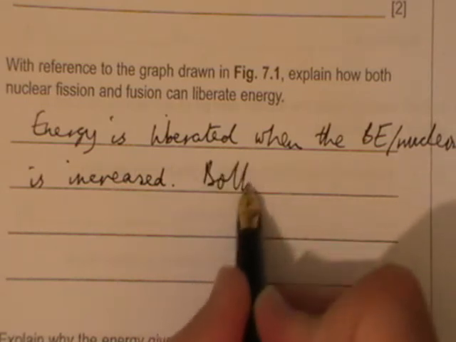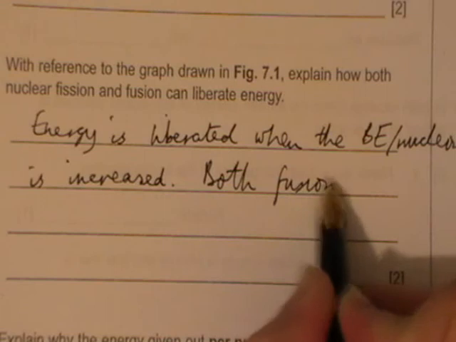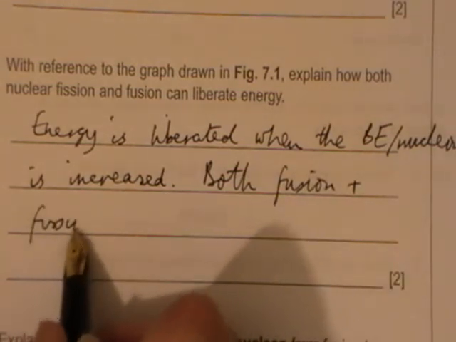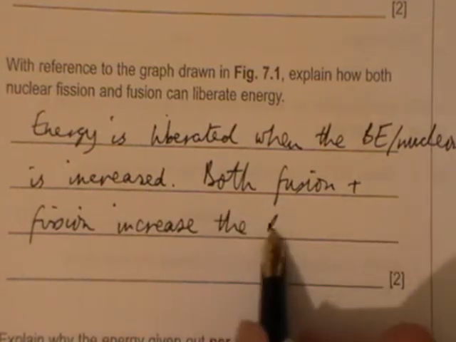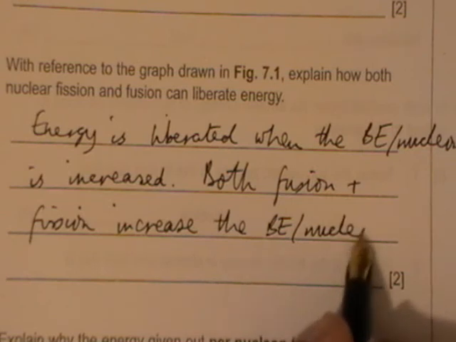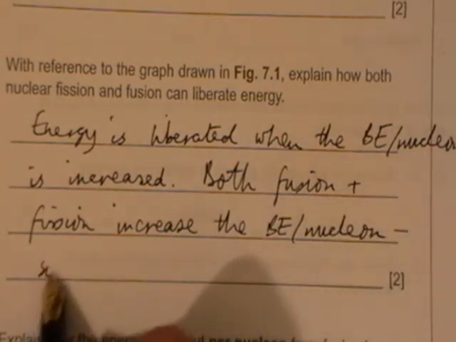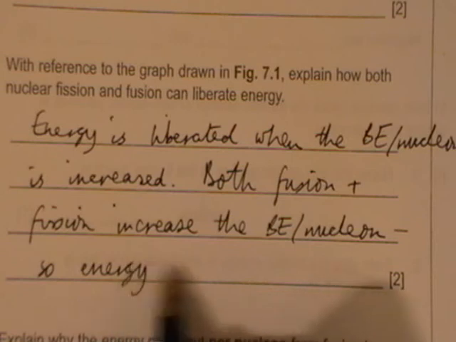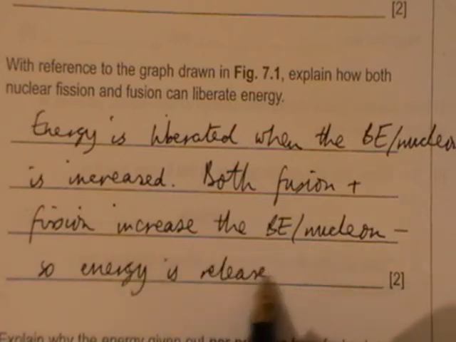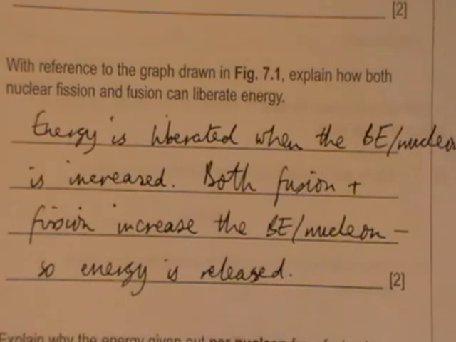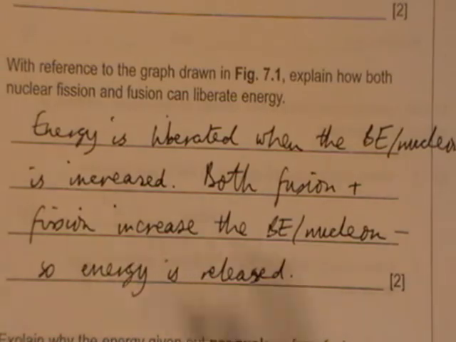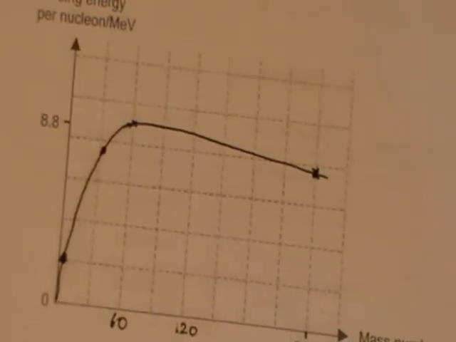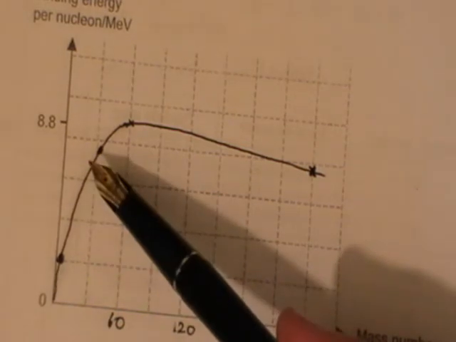And both fusion and fission increase the binding energy per nucleon, so energy is released. So it's fairly straightforward. Increase the binding energy per nucleon, releases energy. Fusion does it, fission does it, and if you look back at the graph, you'll see going from there to there, greater binding energy per nucleon, going from there to there, greater binding energy per nucleon.